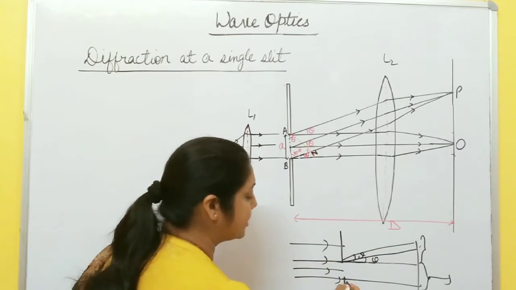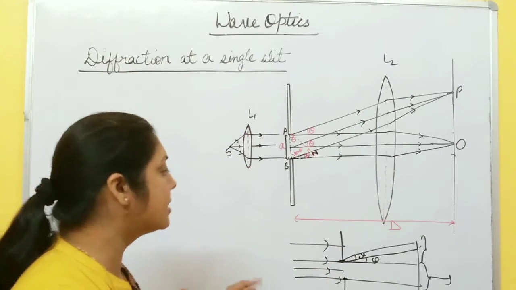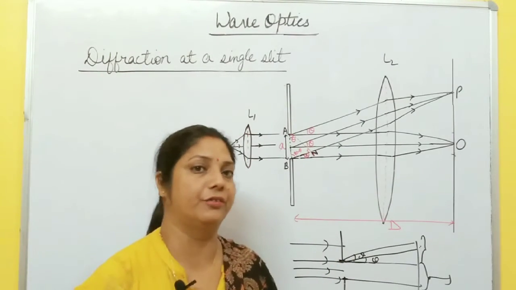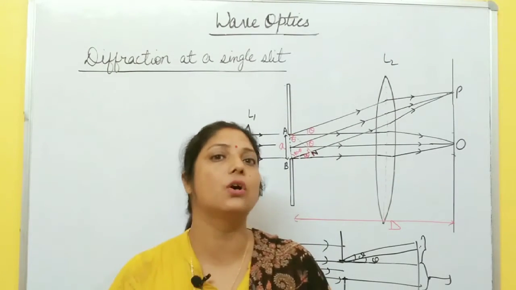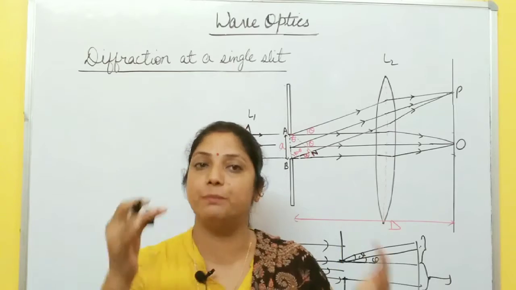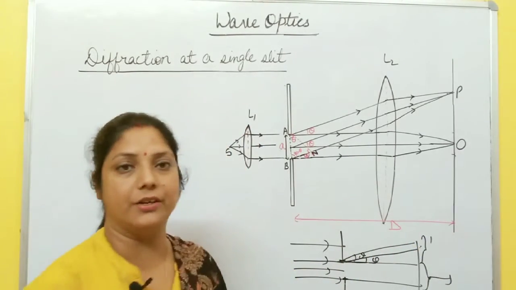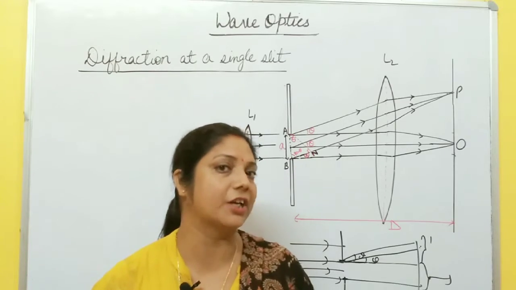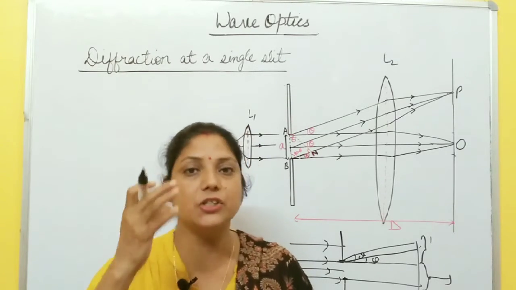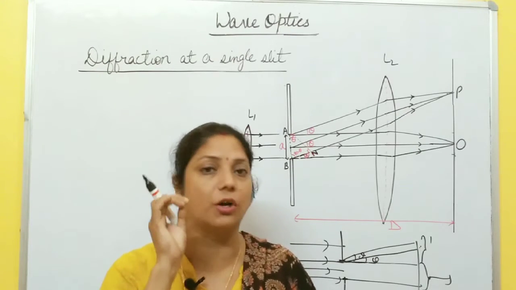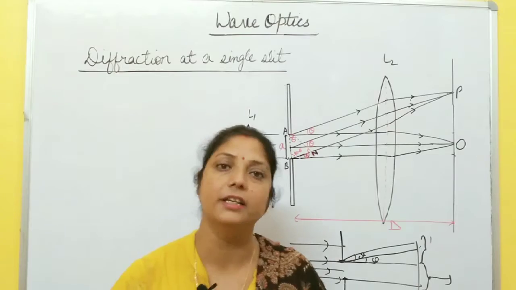Bending of light takes place around the corners of this aperture, and this phenomenon is called diffraction: the bending of light around the corners of obstacles, spreading into the geometrical shadow region. It takes place only when the size of that aperture or obstacle is comparable to the wavelength of light used.